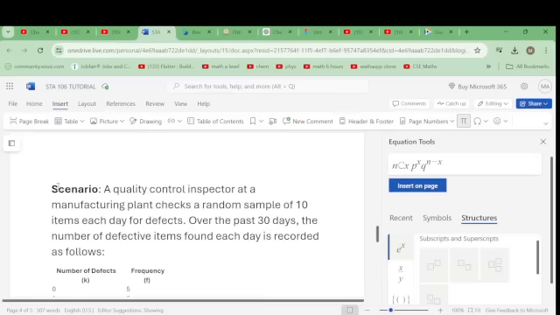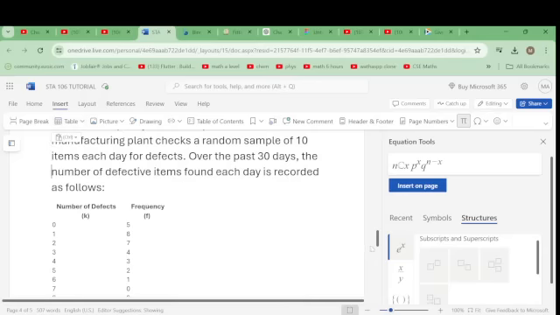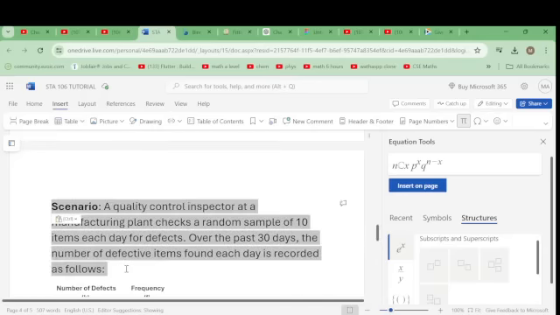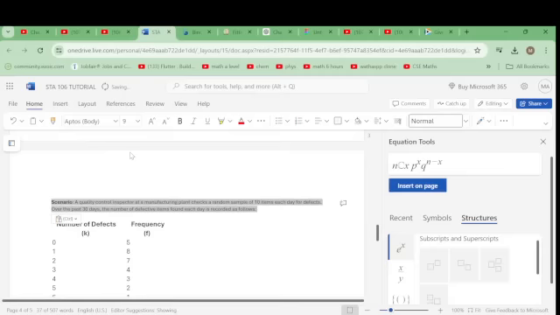I think it is too big. Let's make it smaller so we can see it well. Yeah, the lecturer can ask a question like this. So we can see it well.